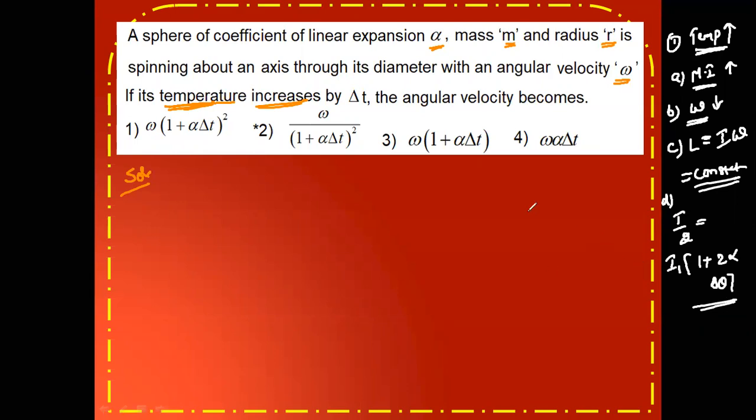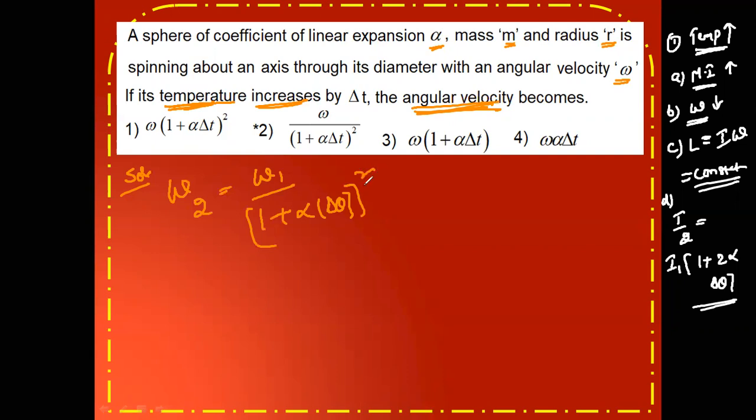In the same way, whenever the temperature of a solid increases, if they ask you to find the angular velocity, the formula we have to keep in mind is omega 2 is equal to omega 1 by (1 plus alpha into delta theta) whole square.